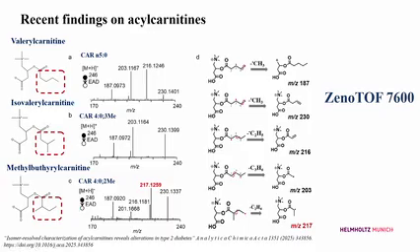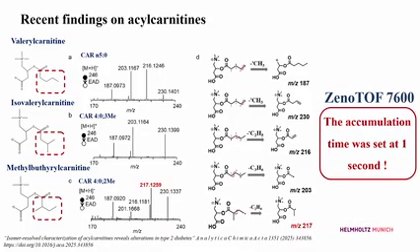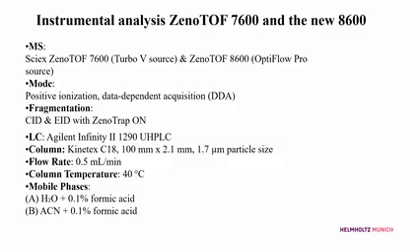Given those very interesting results, we wanted to compare the Zeno 7600. Sorry, I forgot to mention that this study was done using an accumulation time of 1 second, which is kind of a lot. So we wanted to compare Zeno 7600 with its newer brother, Zeno 8600.